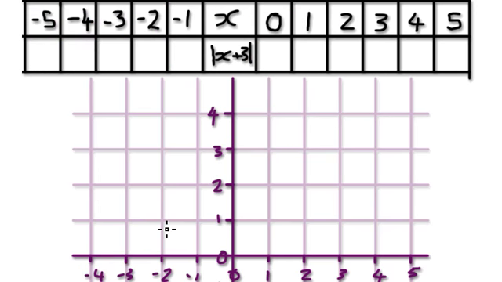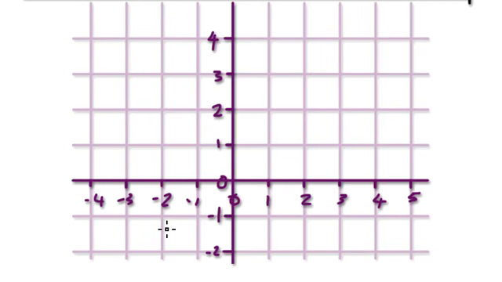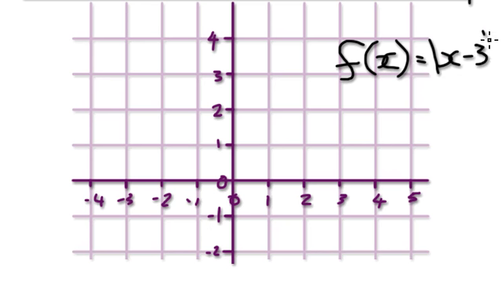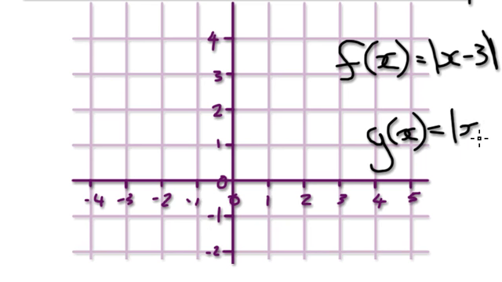Another way of doing it is, well, you're trying to draw this function here, f of x equals the absolute value of x plus 3. I would start off with, let's say, a function g of x equals the absolute value of x. So that will be this here. It will look like this.